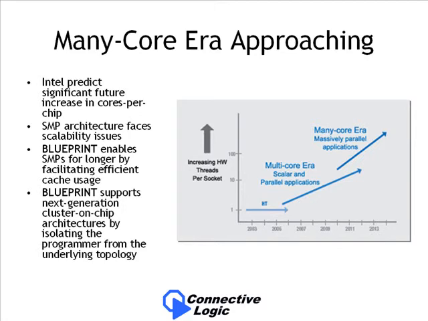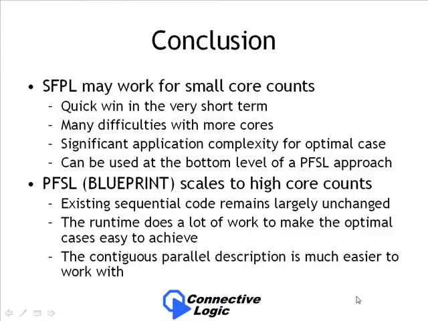And Intel have certainly been talking about next generation cluster on chip architectures, where depending on which nodes are communicating, it might be by reference or by message passing. Blueprint is already ready for these architectures because it isolates the programmer from the underlying topology, so your application code wouldn't change.